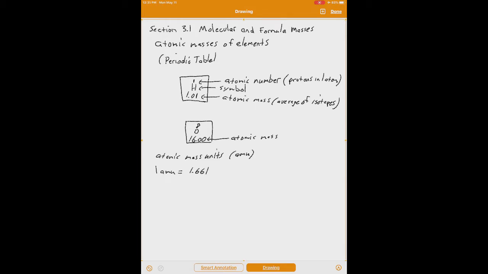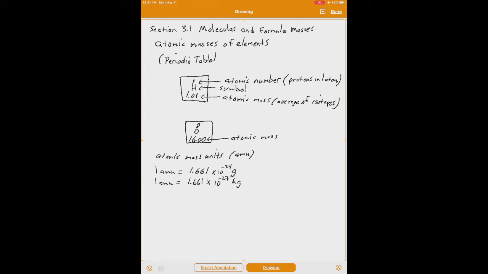By definition, it's 1.661 times 10 to the minus 24 grams. A typical pencil weighs about 2 grams, so that's a really small mass. Sometimes it's in kilograms, so 1 AMU would also be 1.661 times 10 to the minus 27 kilograms. Those are the quantities we're talking about.